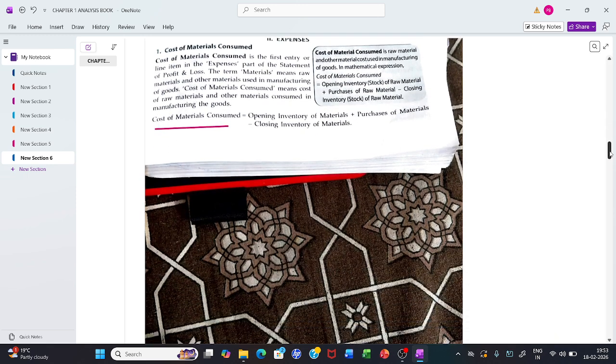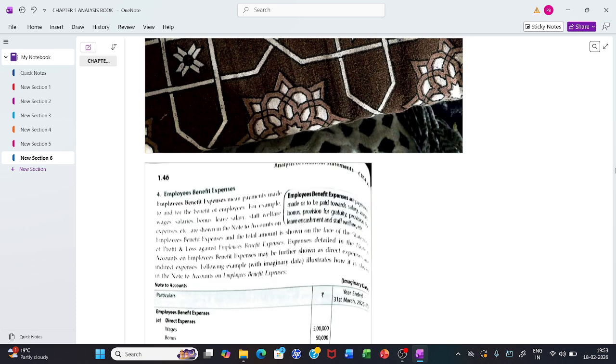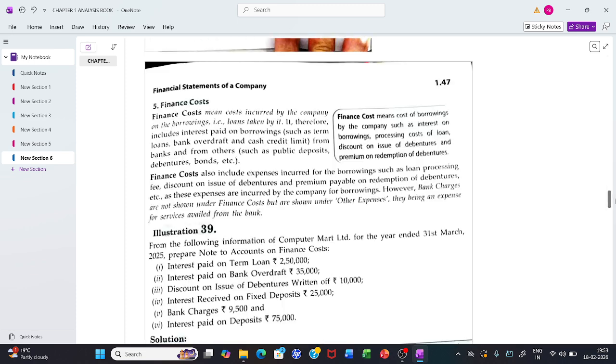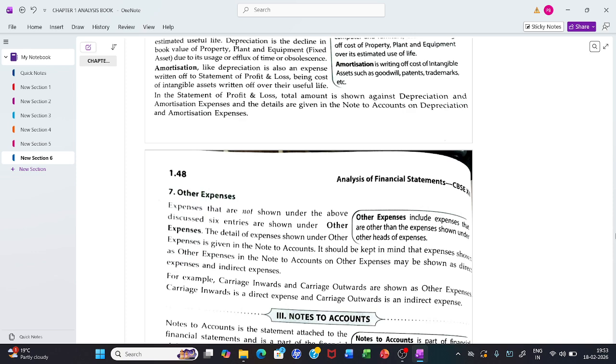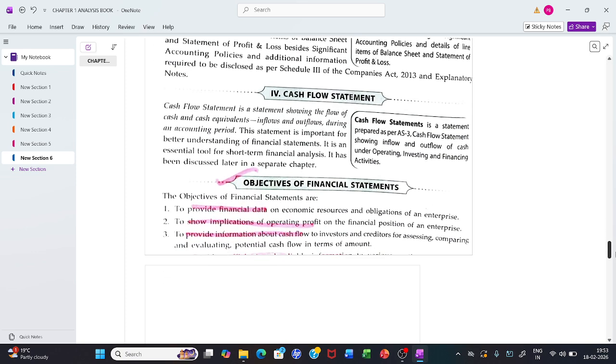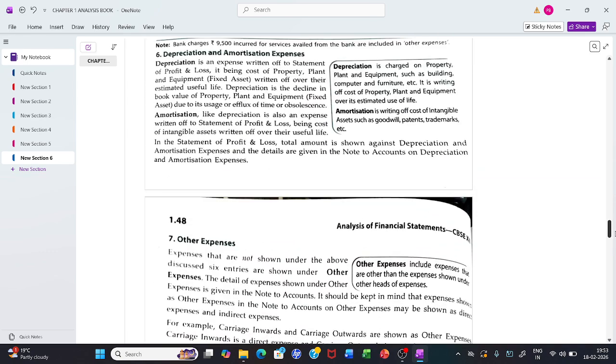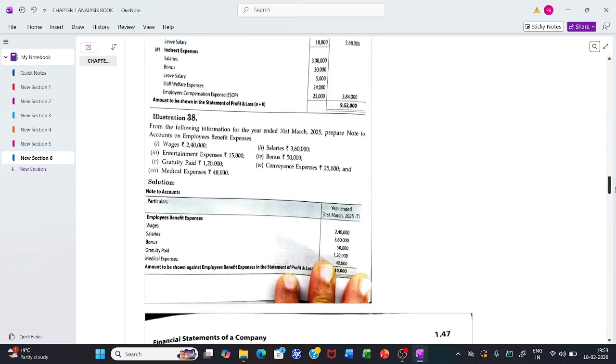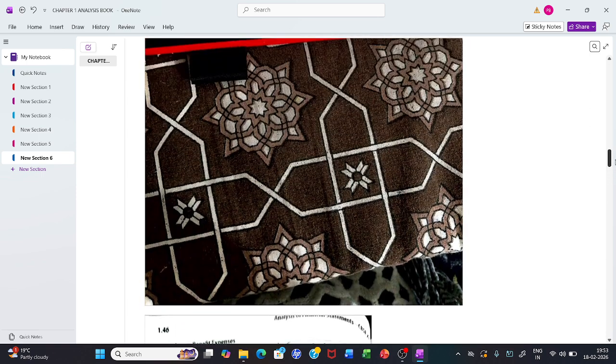A slight explanation of the same would be like this. Let me explain it with the help of an example. These are pages from your Grewal book only. You can go through the same. Inventory can be of finished goods and semi-finished goods, as you were told.